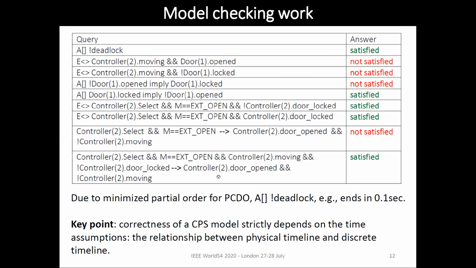The key point of this model checking is that the correctness of a system like this strictly depends on the time assumption. And this is the same viewpoint of our colleagues in the Ptolemy community, and also for our system, because this is an intrinsic feature.